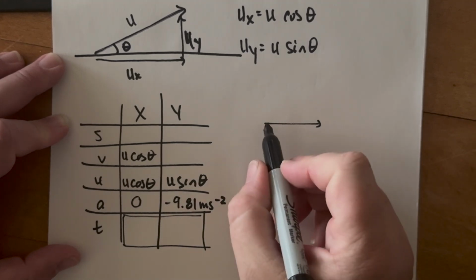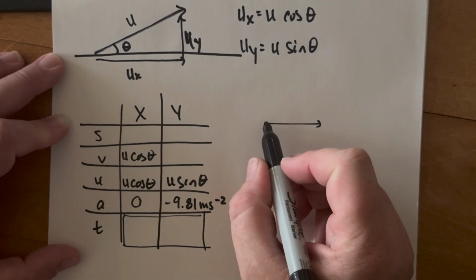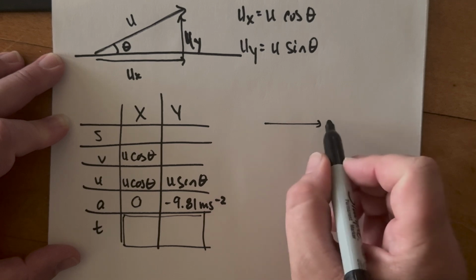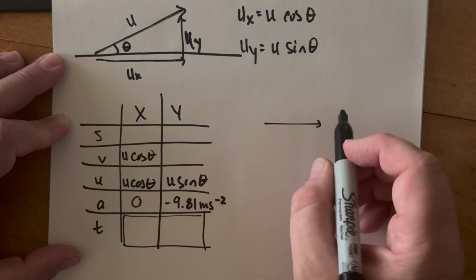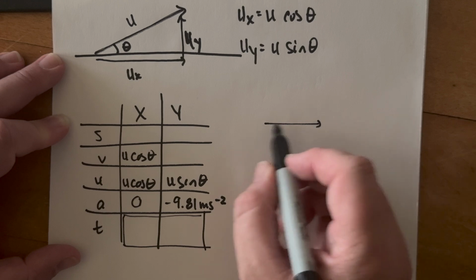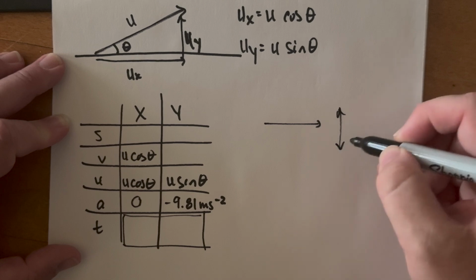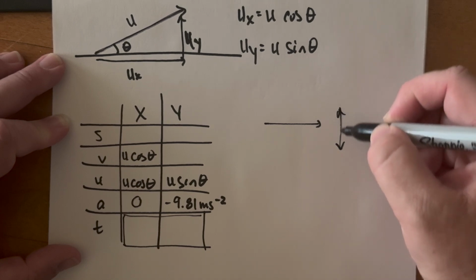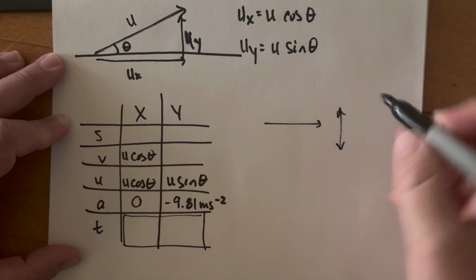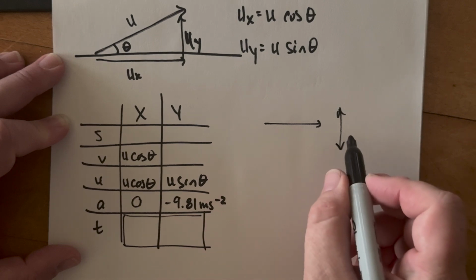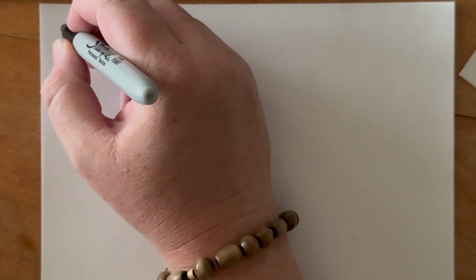We want to keep in mind the principles that allow us to make these calculations. In the x direction, we don't have any acceleration, so we have a constant velocity here, and in the y direction, it travels just as if we'd thrown it up and caught it, because gravity doesn't care that it's also moving to the side. Let's do an example here.